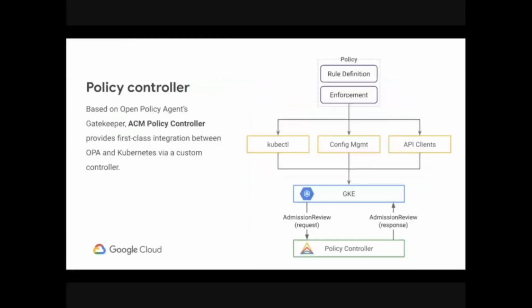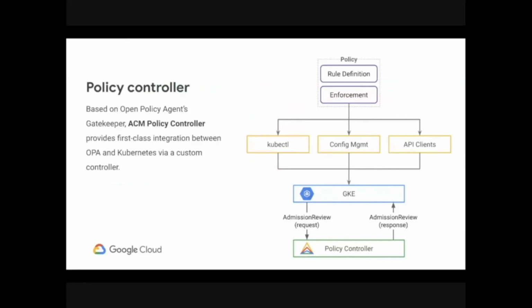So as I said, with ACM, we have a policy controller. And what that is, it's a Kubernetes dynamic admission controller that will check as well as audit and enforce any cluster compliances with policies that relate to your security regulations, or even any arbitrary business rules.